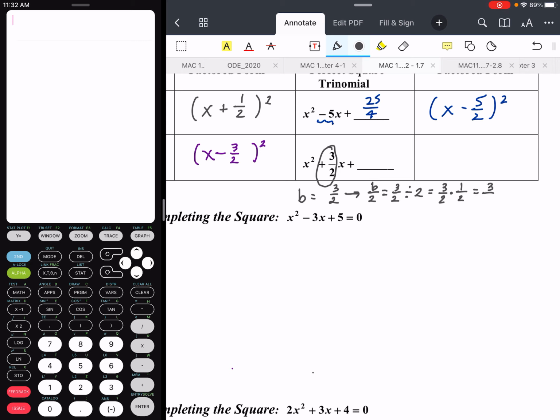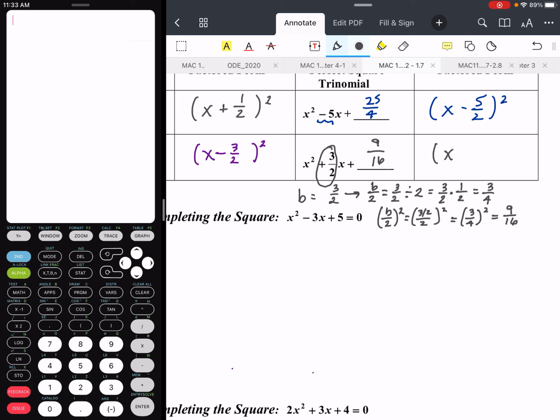So we end up with 3/4. Okay, so b divided by 2 squared is 3/2 divided by 2 squared, which is the same thing as 3/4 squared, which gives me 9/16. So 9/16 is the constant I'm going to add to create that perfect square trinomial.